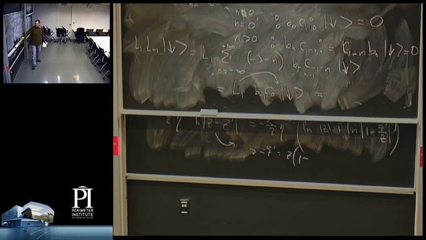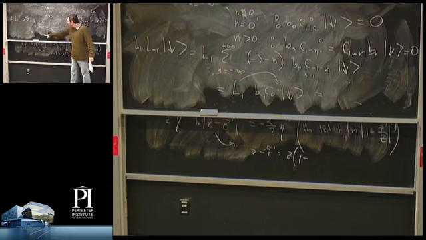So the only non-trivial piece will come from a combination which has a non-trivial anti-commutation relation with this b minus 1 c_0.